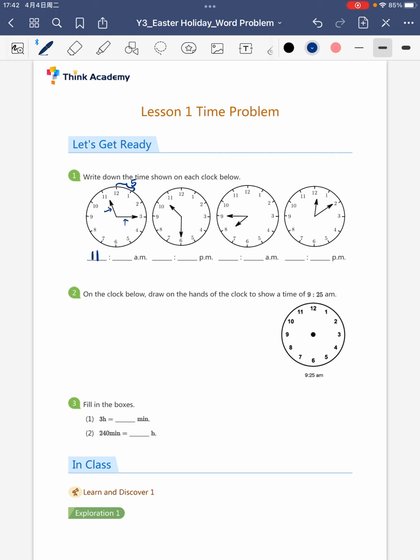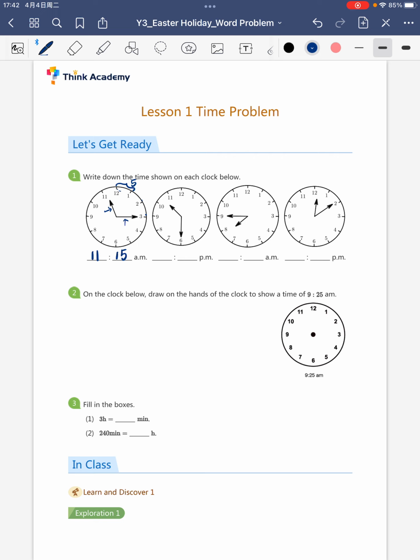Then from 12 to 2, it can represent 10 minutes. Then from 12 to 3, it means when the minute hand is pointing to 3, then there will be 15 minutes. So for the time now, we can say the time is 11:15 a.m.